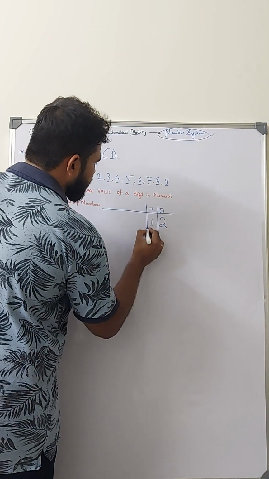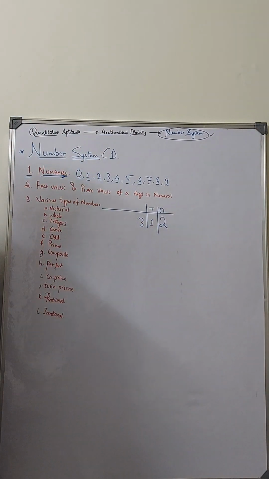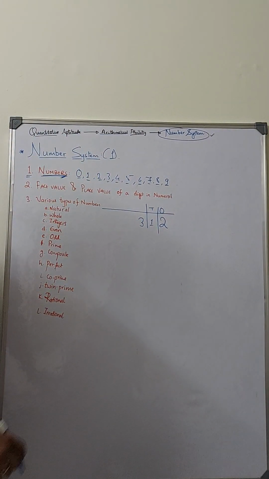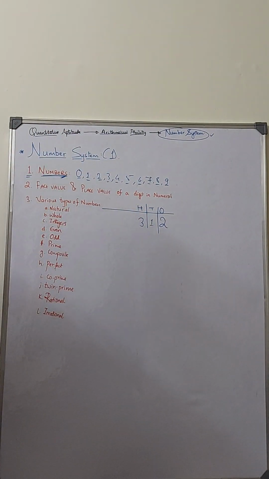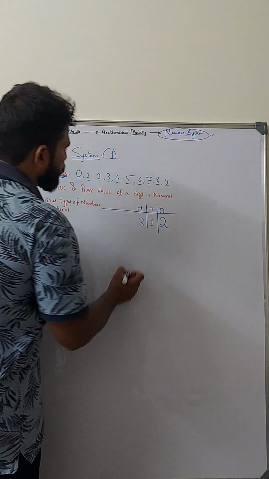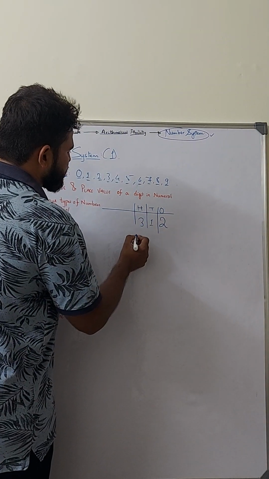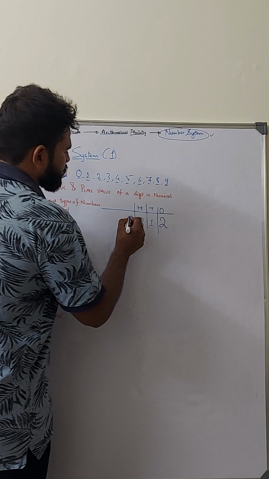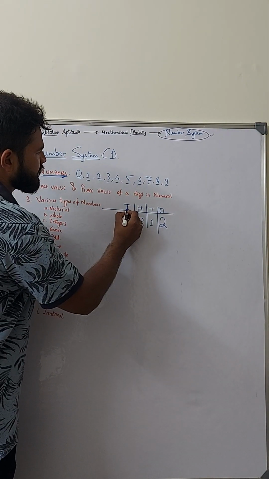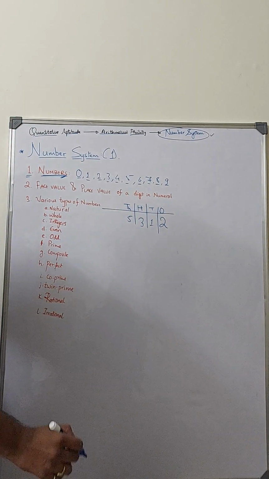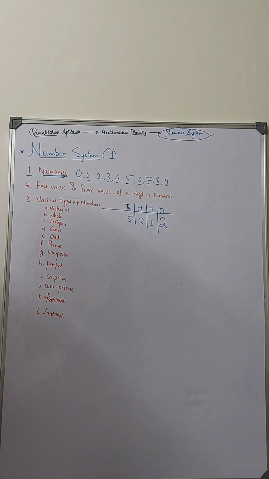For example, if the number is 312, this place is hundreds. Then I want to add a number and make it 5312. This is the thousands place.